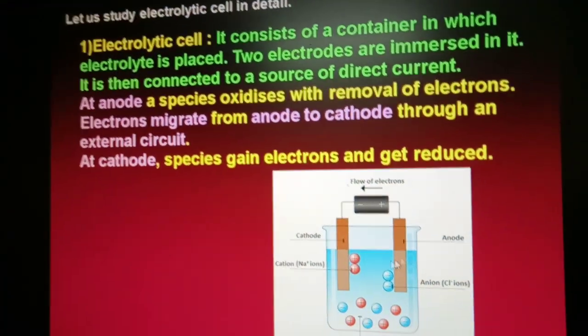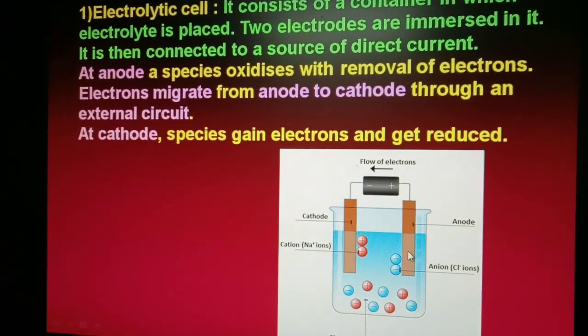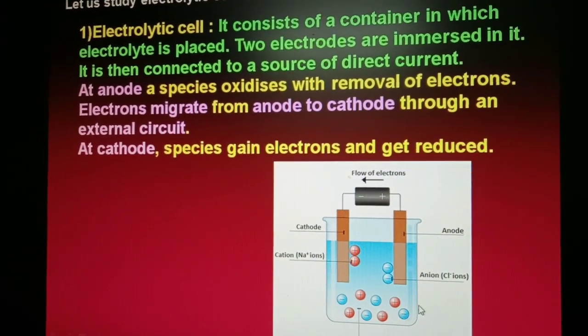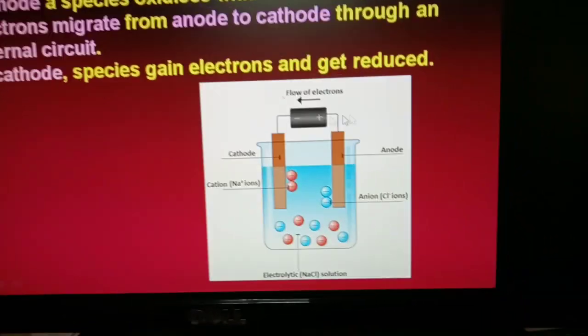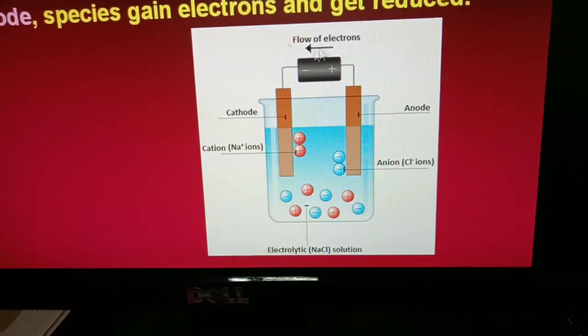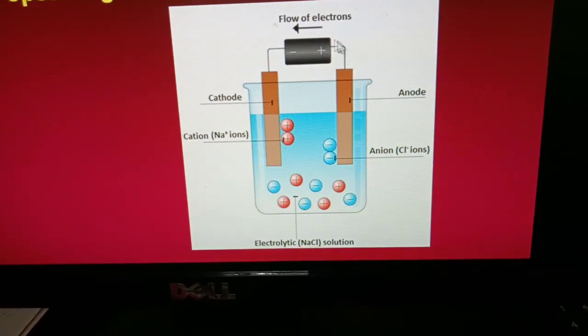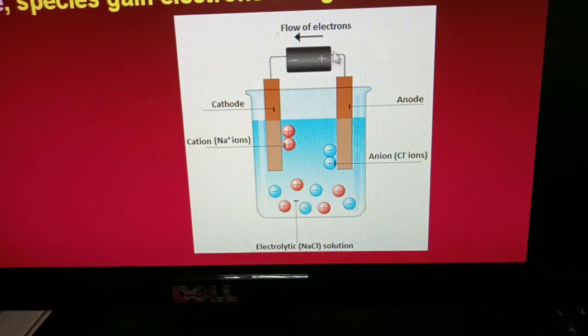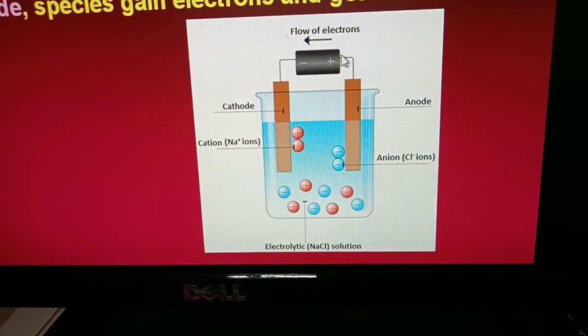Electrolysis can be explained further as follows. Two electrodes are immersed in the electrolyte, and those electrodes are connected to a direct source of current, that is a battery.